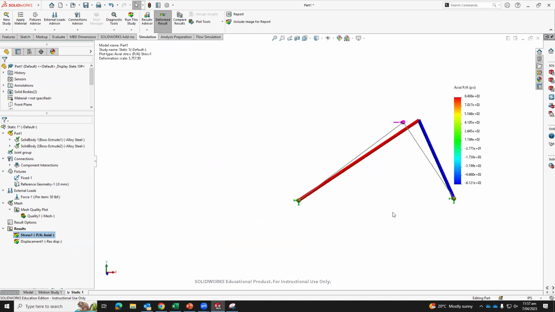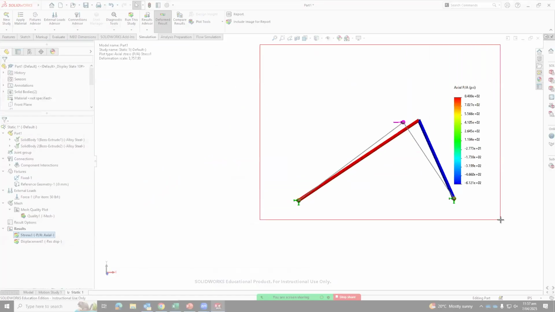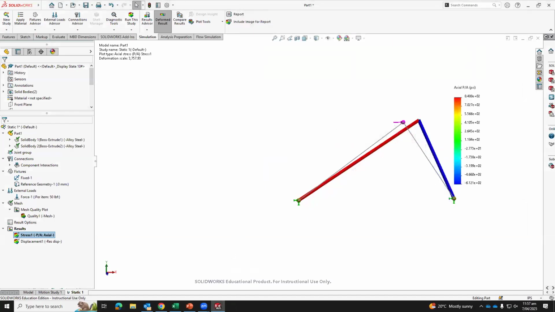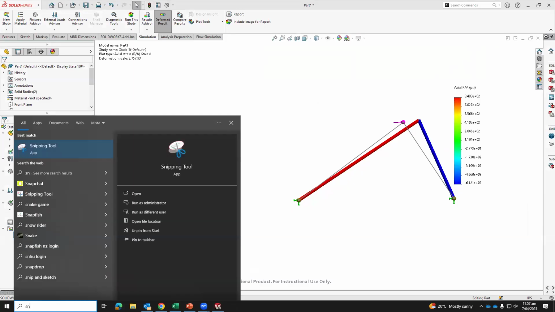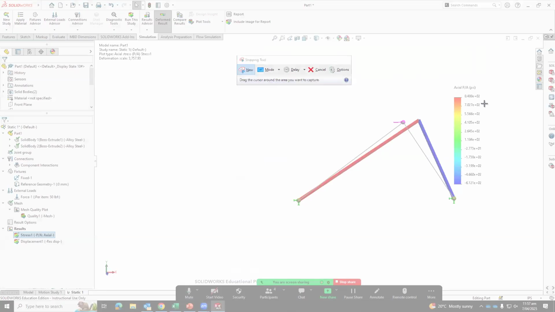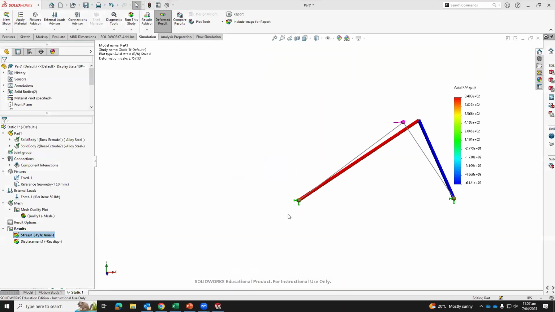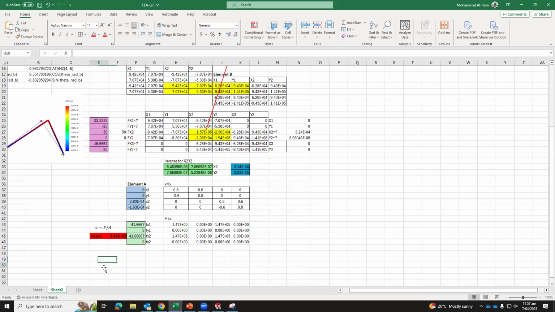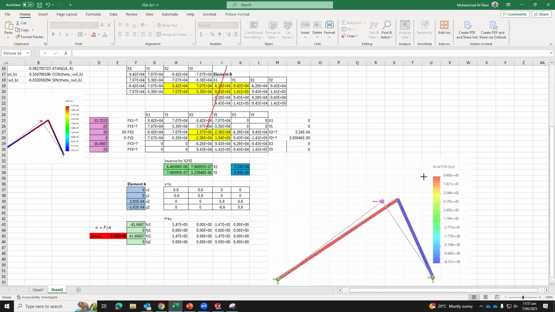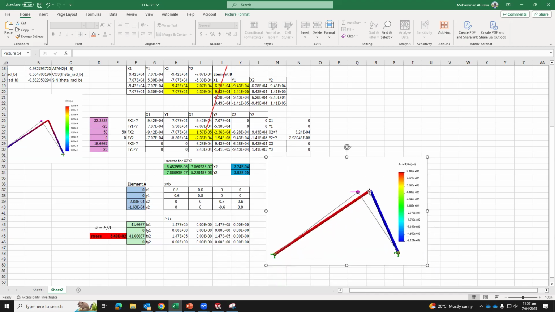That's technically, I can print screen this using the snipping tool, and put it next to it, and say what we determined from that question at that joint is the red area, what it's showing me.